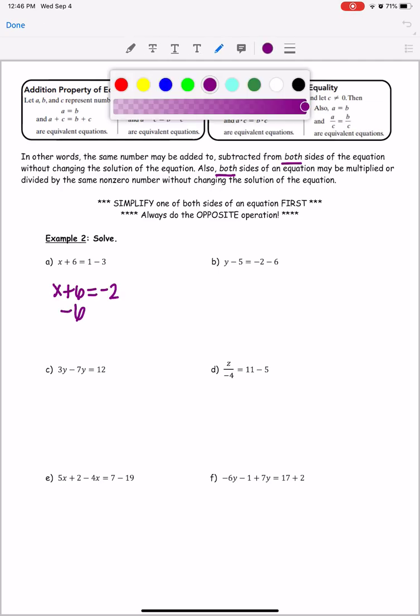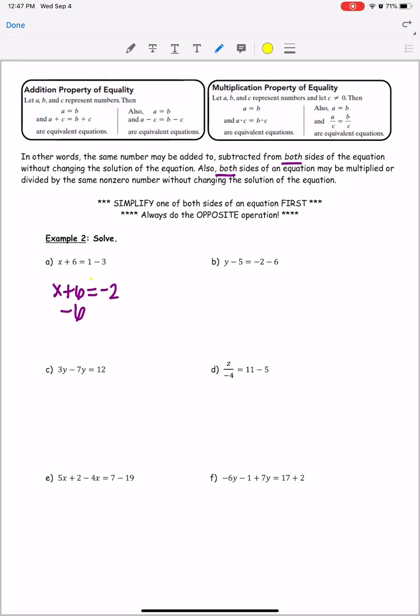When I subtract 6 from the left, now that we're moving it from one side of the equation to the other, I also have to do that to the right. So now 6 minus 6 is 0. Those cancel out. So we've got x equals negative 2 minus 6.